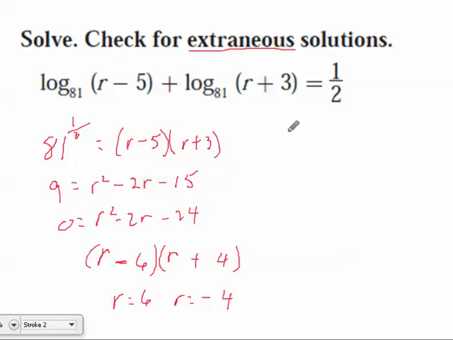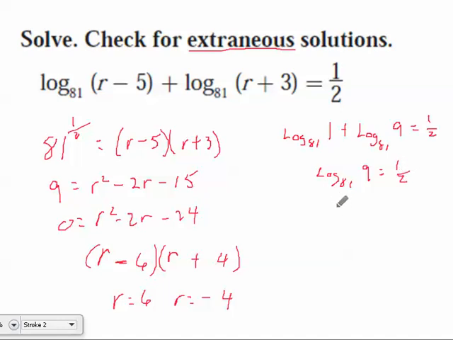So if I say 6 minus 5, that's 1, so I've got log base 81 of 1 plus log base 81 of 9, and they're asking, equals 1/2. Well, I'm going to multiply these together because they're being added. 9 times 1 is 9. So I've got log base 81 of 9 equals 1/2.